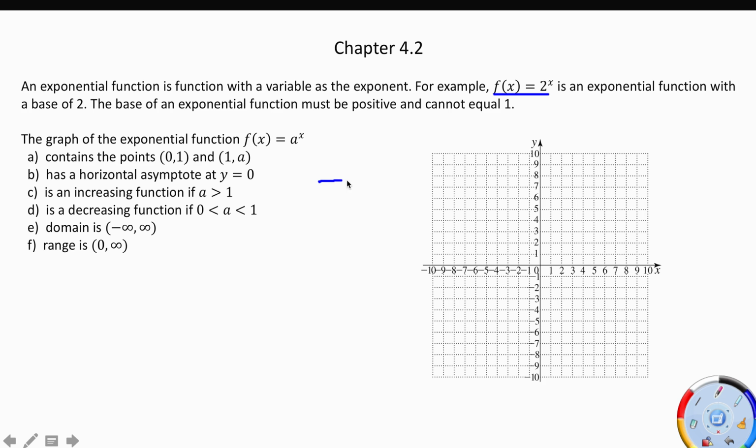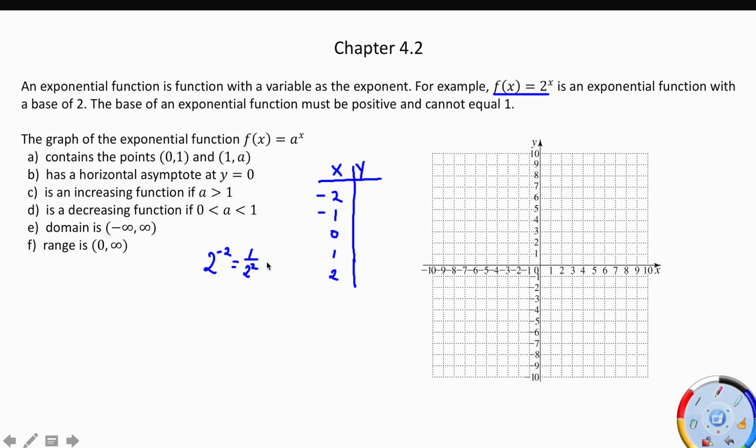Okay, if I don't know anything about its shape, then we have our old standby. Let's plot a few basic points. So if x is -2, I would have 2 to the -2. Remember, that's 1 over 2 to the +2.